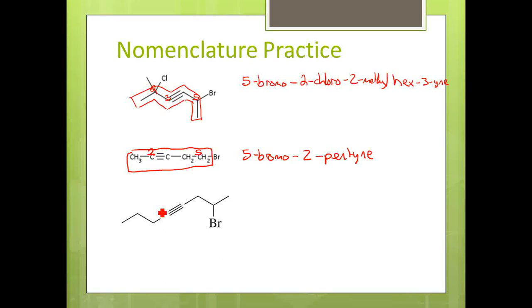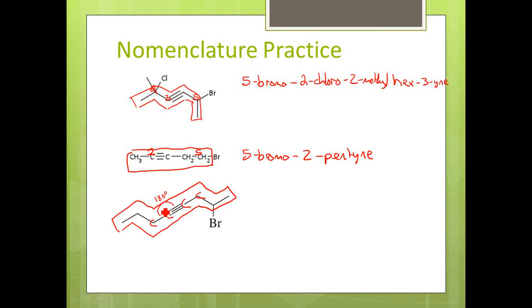Now our final one's drawn a little bit more like how this first one should have been. And that's mainly because the triple bond has bond angles of 120 degrees. So that is a carbon there, and that is a carbon there. And then there's other carbons on this. But that's how we'll typically see it drawn.